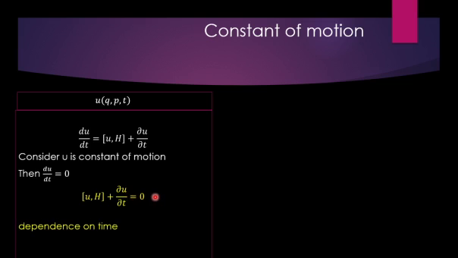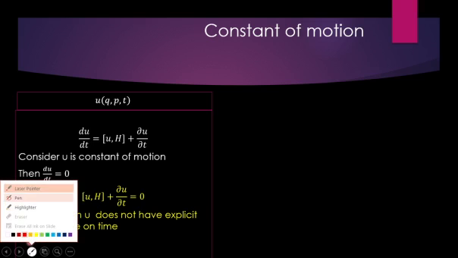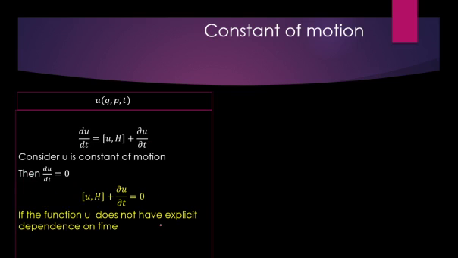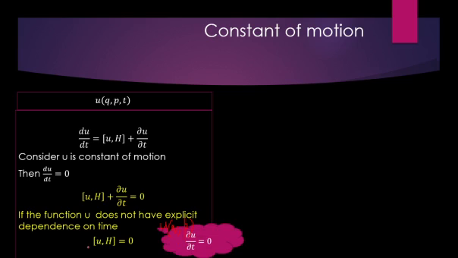Another assumption is that the function doesn't have any explicit time dependence, that is, u was dependent only on q and p, not on time, then ∂u/∂t will be 0. So this equation becomes the Poisson bracket of the function with the Hamiltonian equal to 0.